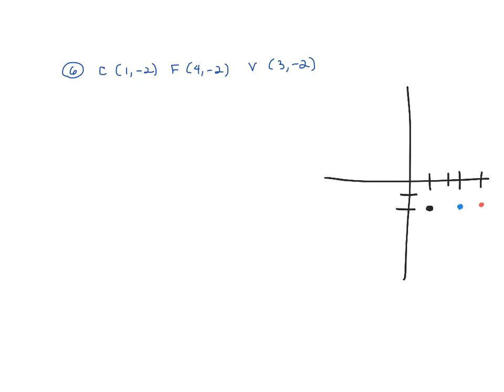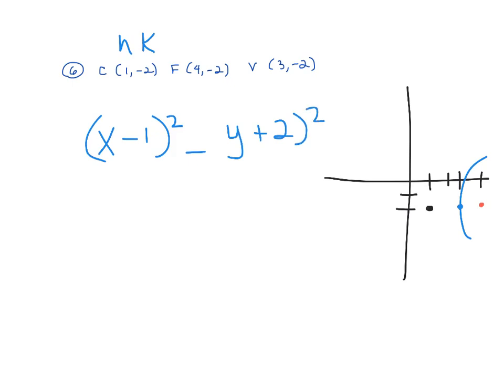So this is telling me my hyperbola is going to look like that. So it's hitting the x-axis. So this tells me that I could fill in what I already have. So this is h, this is k. And because it's touching the x-axis, it's going to be x minus 1 squared. And then y plus 2, because it's a negative 2.